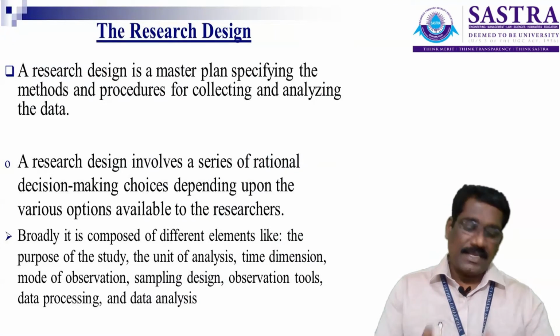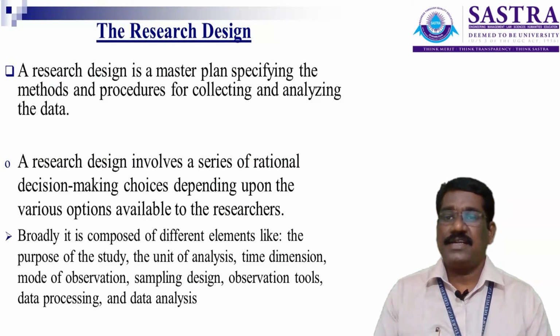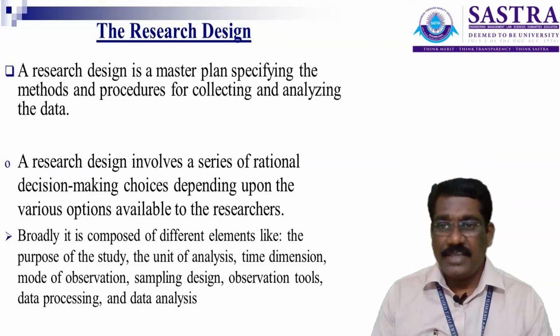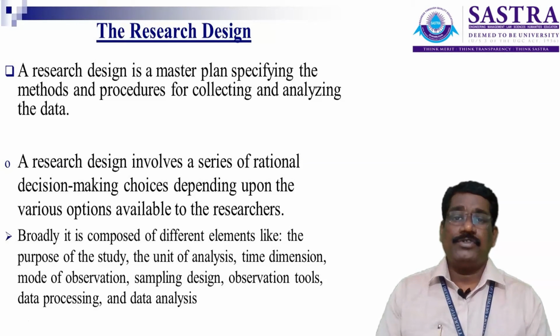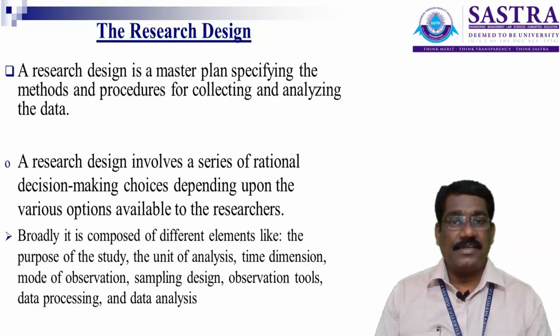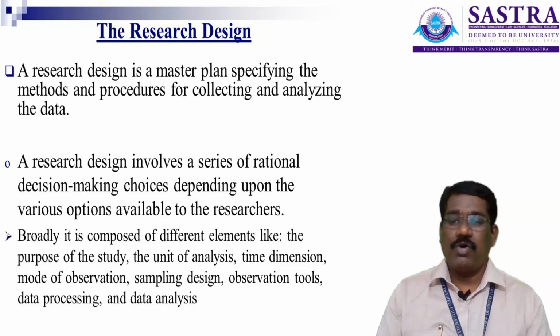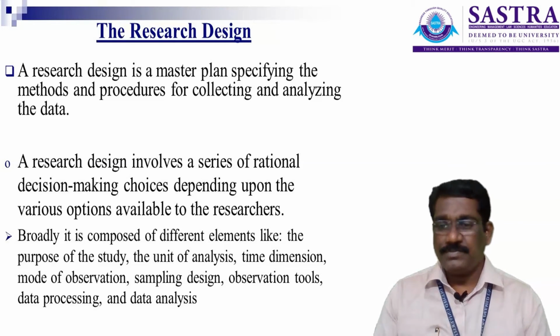The next process of the research is the research design. A research design is nothing but the master plan specifying the methods and procedures for collecting and analyzing the data. So the research design involves a series of rational decision-making choices depending upon the various options available to the researcher.